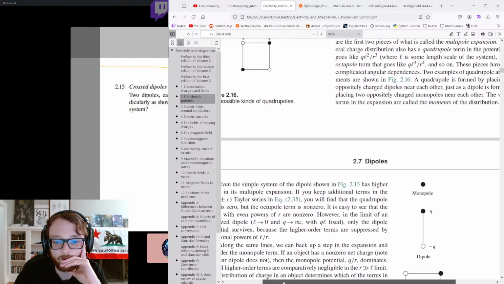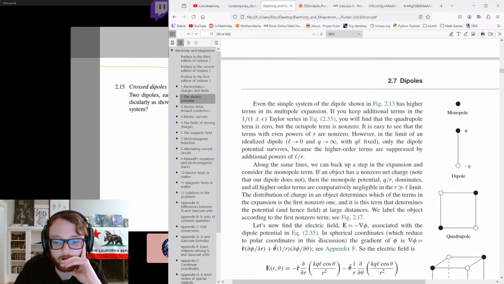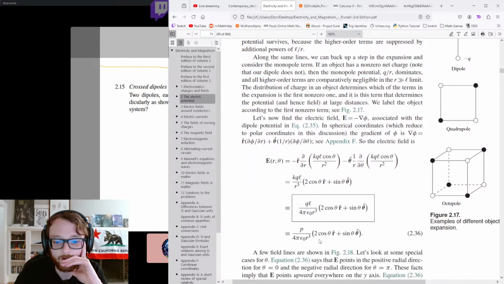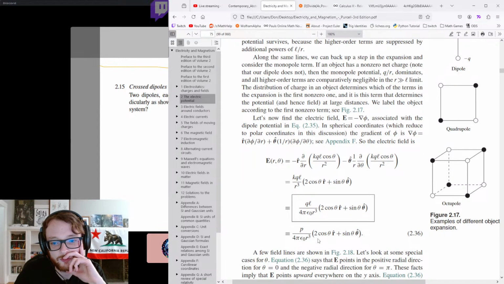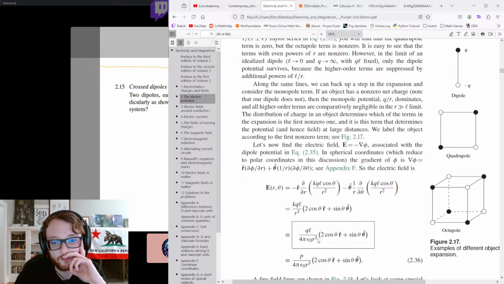I think we have to do some calculations, just some trig calculations. I don't know if it's going to be potential or field, or if either works.